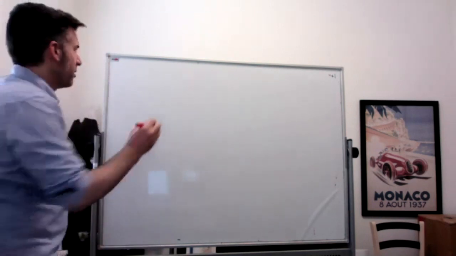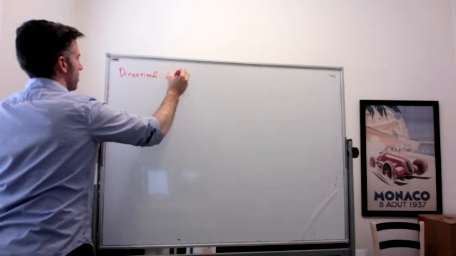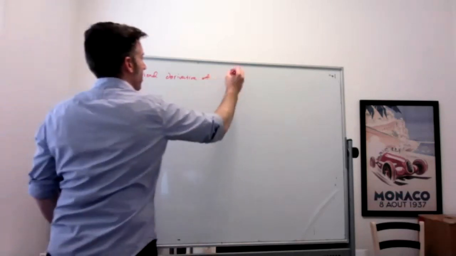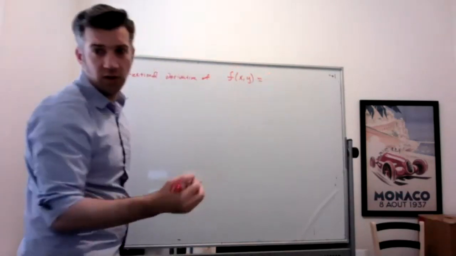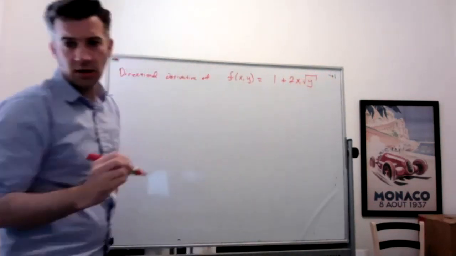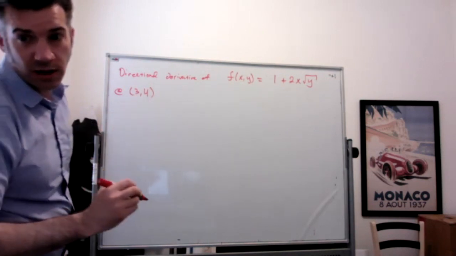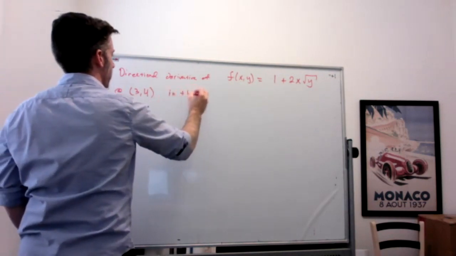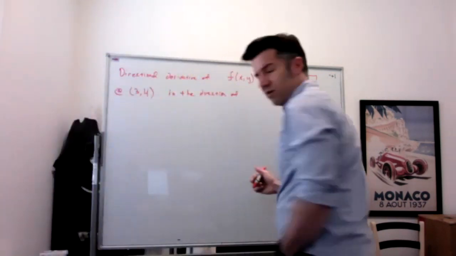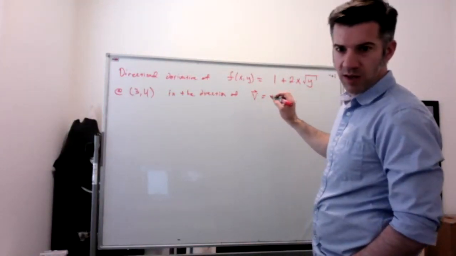Let's look at one more example. So let's find the directional derivative of F of x, y equal to 1 plus 2x squared of y at the point 3, 4 in the direction of V equal to, I don't want it to be so easy.